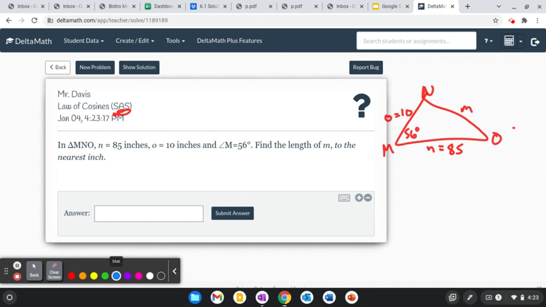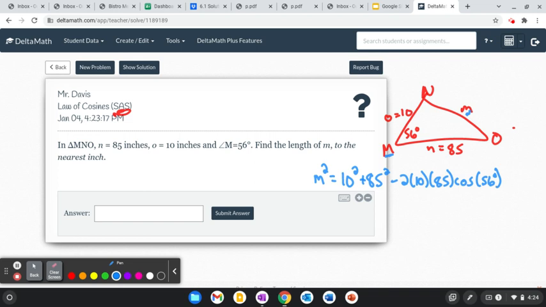So we're going to use that formula I've been using. We're going to start with m squared equals the other two sides squared and added together. So 10 squared plus 85 squared minus 2 times 10 times 85 times the cosine of the angle that matches. We have m's for both, cosine of 56.